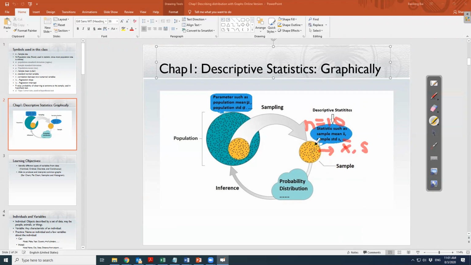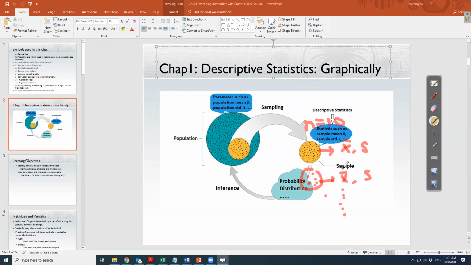But if you think about all the possible samples with sample size of 10, you have so many individuals in the population, there are many other possible samples as well, right? In that case, you can calculate a different sample mean and a different sample standard deviation, and so on. You have many different sample means.